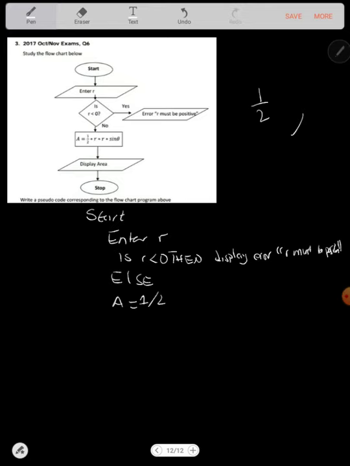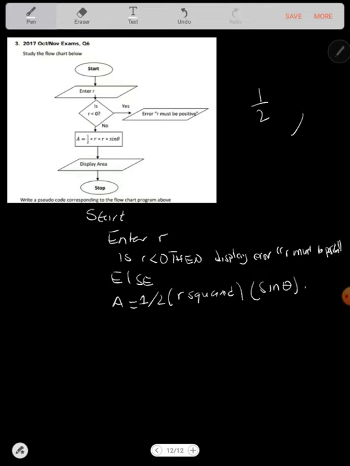So r times r, you know that is r squared. So you're going to open brackets for multiplication. Then you say r squared. Then again you just copy sine theta like that. Brackets mean multiplication in computer.